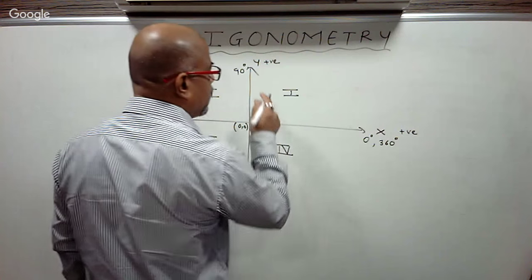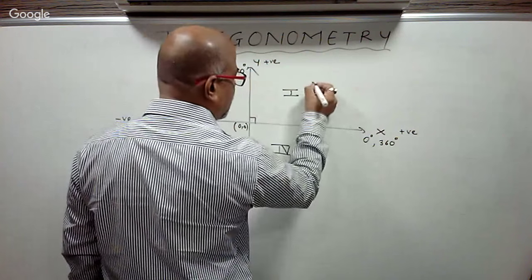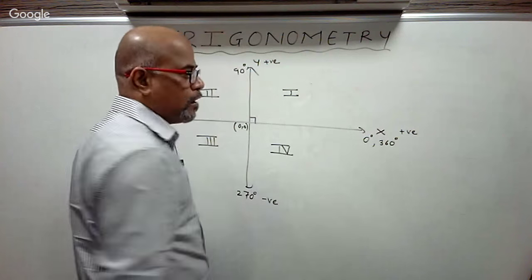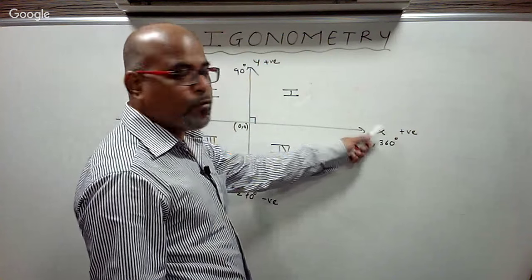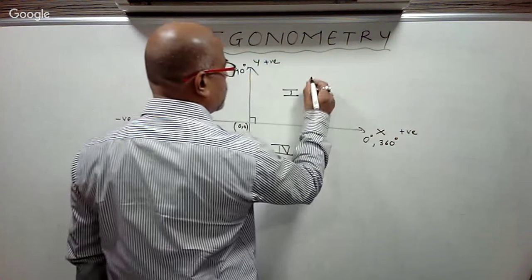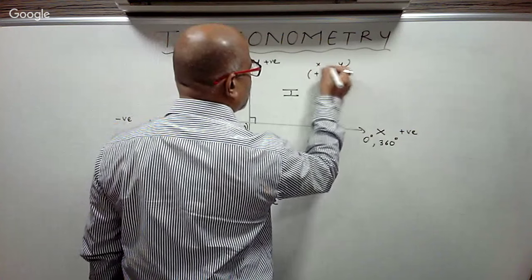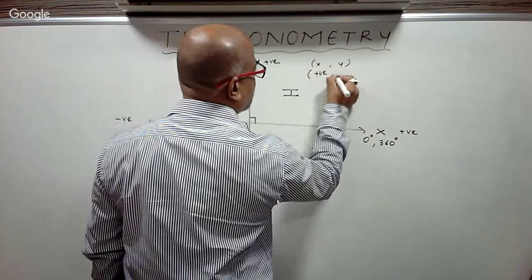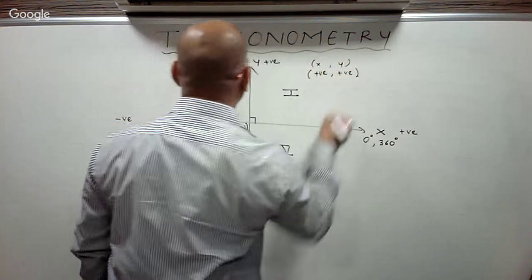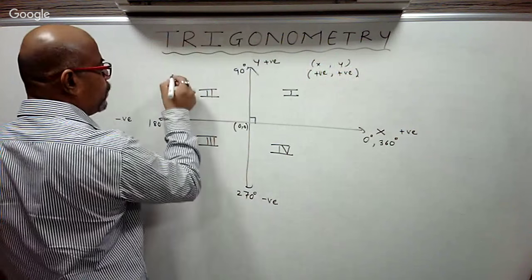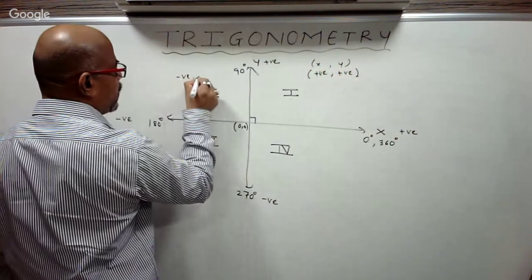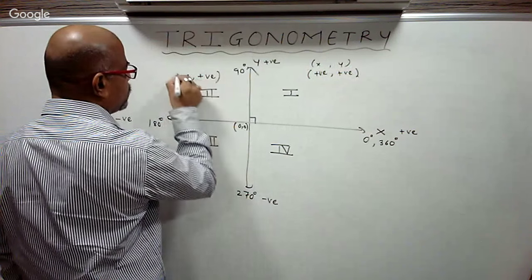Now, in this way, when we consider any point in the first quadrant, x is positive and y is positive. We always write the x coordinate first and then y. Here we get x negative and y positive.